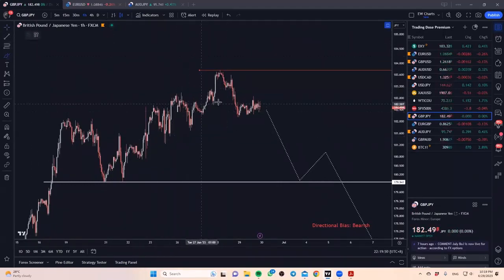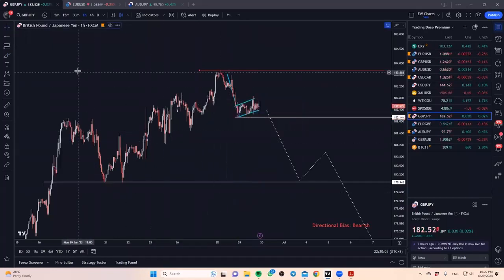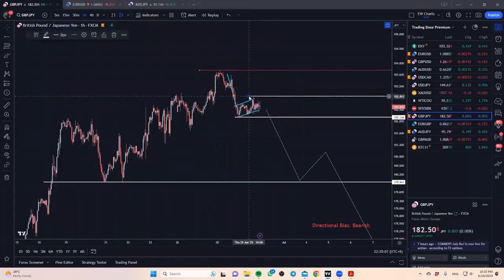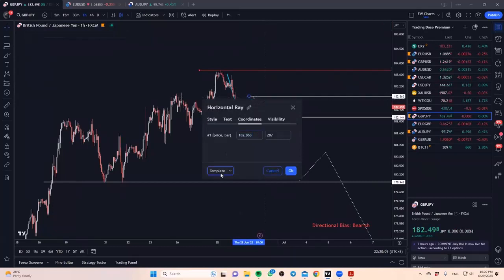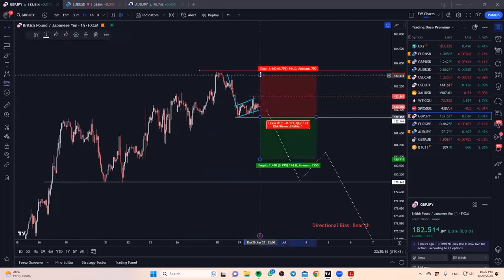So this is where we can use the breakout technique. One example of this is basically impulse, correction, with direction to the downside. The breakout technique means that we're looking at the low to get involved in the sell, and the high of the correction becomes our invalidation, which means your potential stop loss. That's the idea of how you're going to look at it.